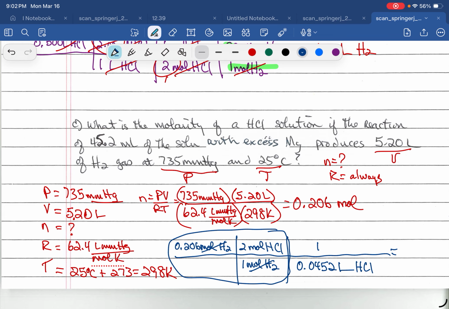And I get 9.1150442478, which would round to 9.12 molar HCl solution, which does match with what the book has as the answer on page 397.